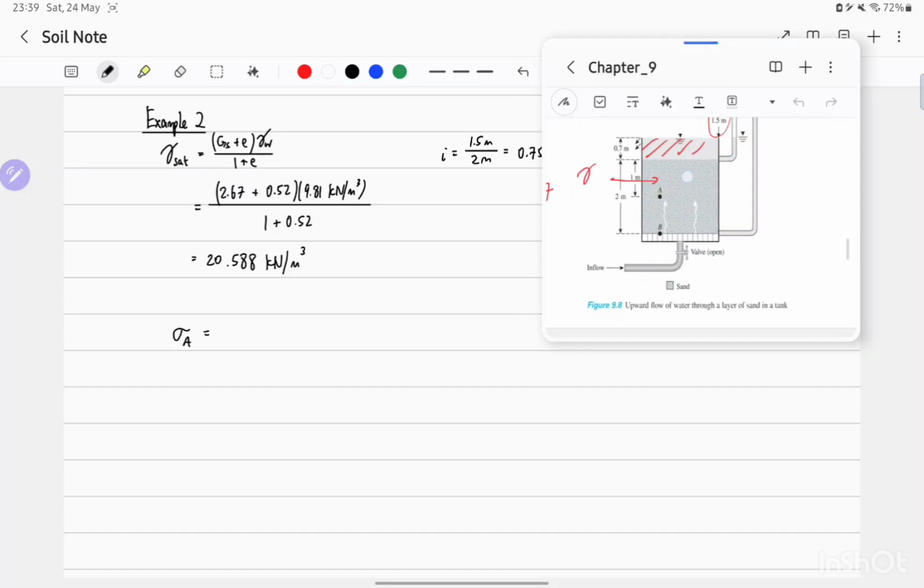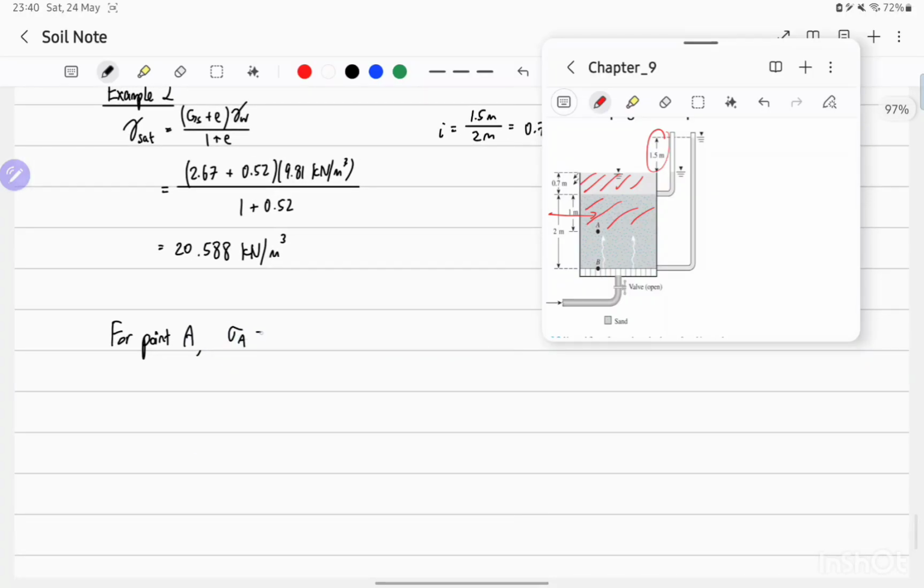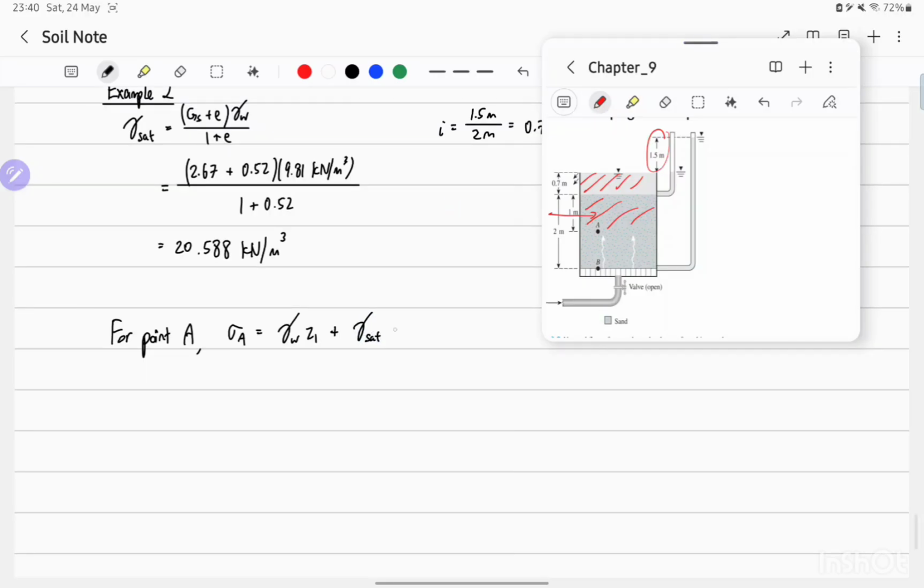So for A, total stress equals unit weight of water times Z1 plus saturated unit weight times half of Z2.